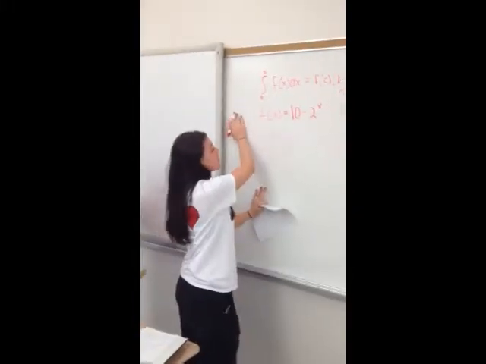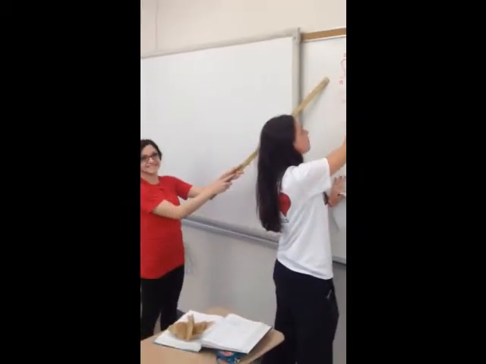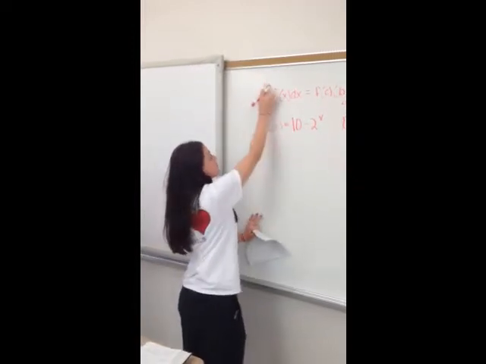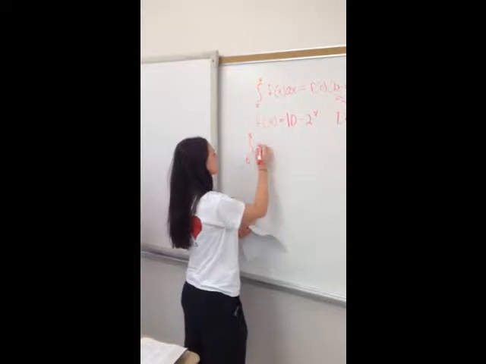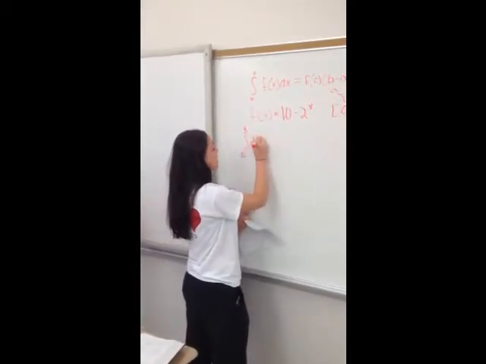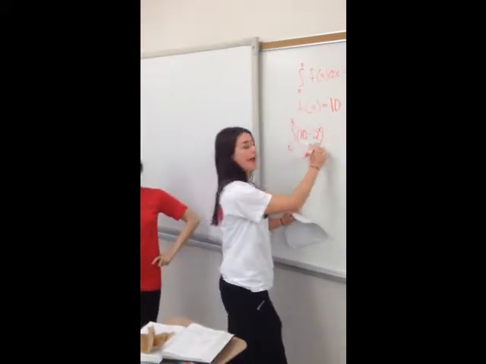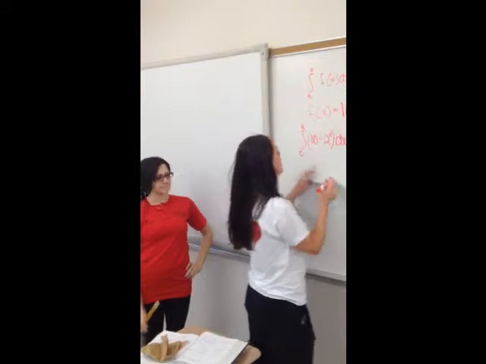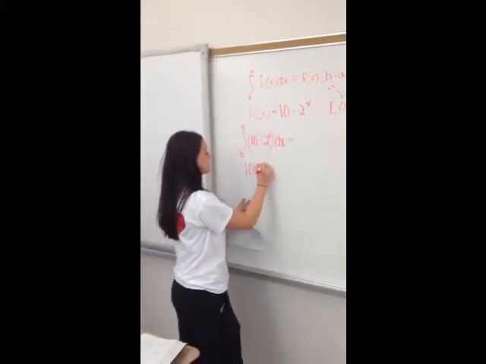So, starting from the left to the right, the first thing that you have to do is take the antiderivative of f of x. So, b, which is 3, a, which is 0, of 10 minus 2 to the x, and since we're taking the integral, after you have to put dx, equals, this is like saying 10 times x to the 0 power.